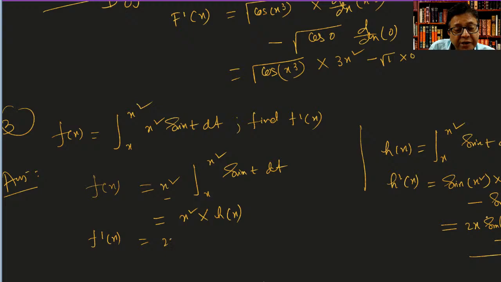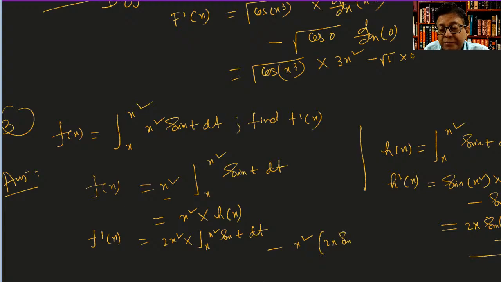First function derivative into h(x). h(x) means what? This whole function, integral from x to x square of sin t dt, this minus x square into this part, sin x square minus sin x.